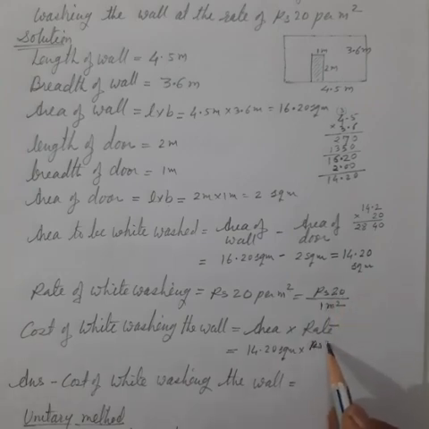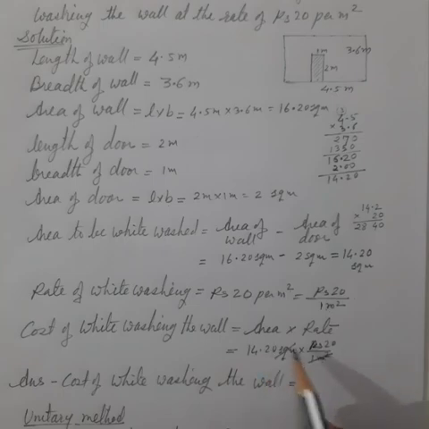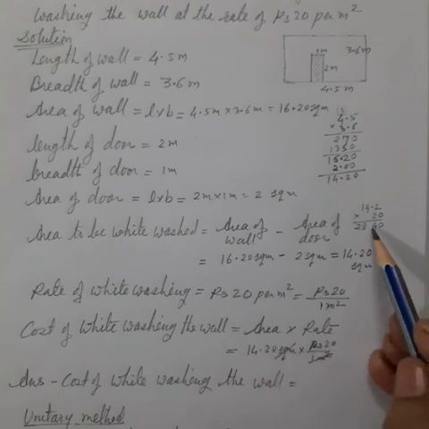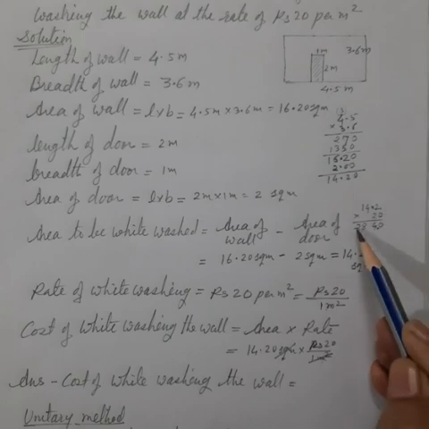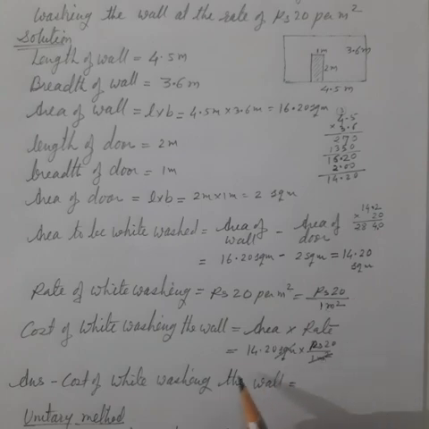So rupees 20 by 1 meter square. This is meter square, this is also meter square, it will cancel, and multiply these two. After multiplying, we get 2840. After the decimal point one digit is there, so before one digit we will put the point. So 284. Answer we will get in rupees. Rupees 284. The cost of whitewashing the remaining area of the wall is 284 rupees.